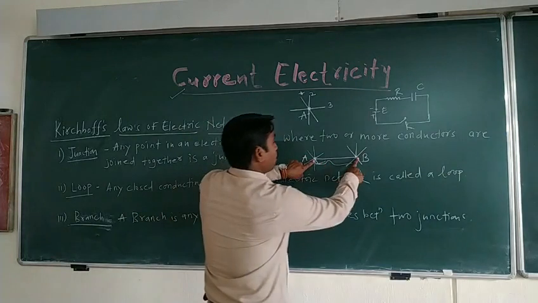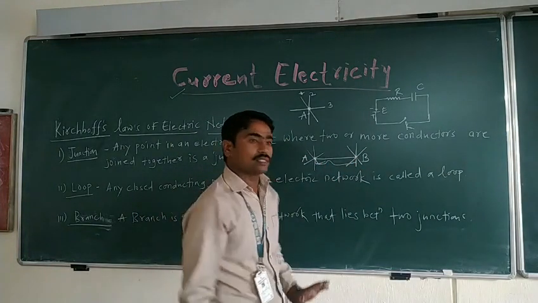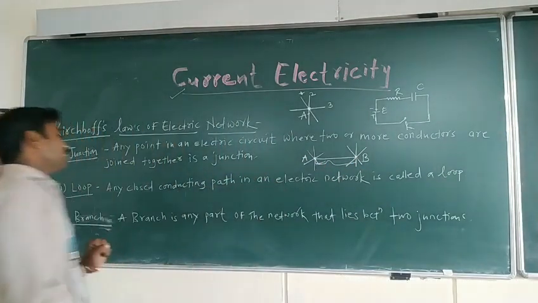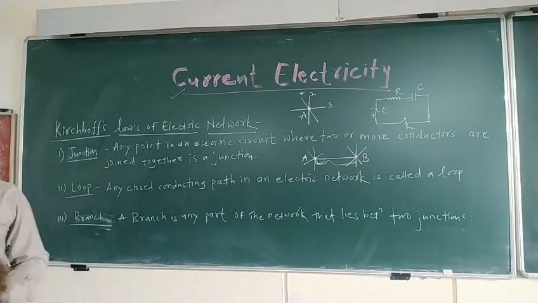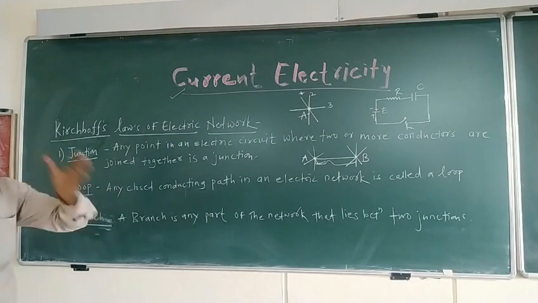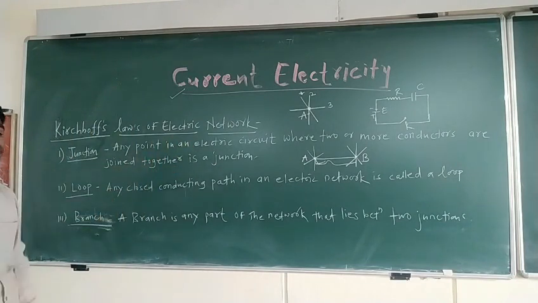The path between two junctions is called a branch.